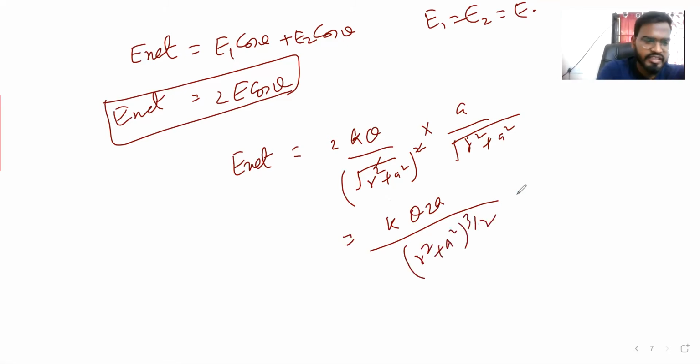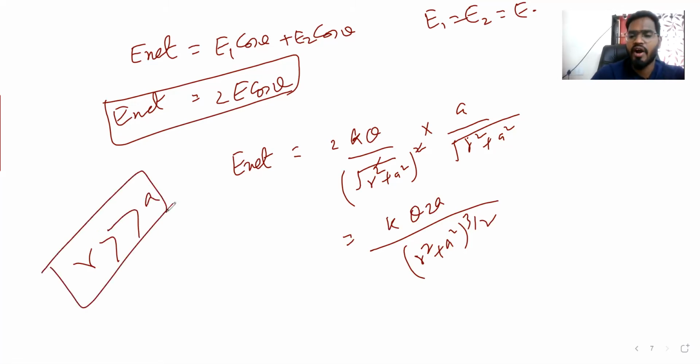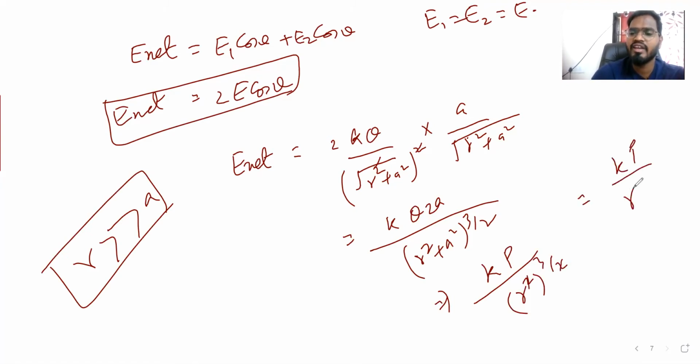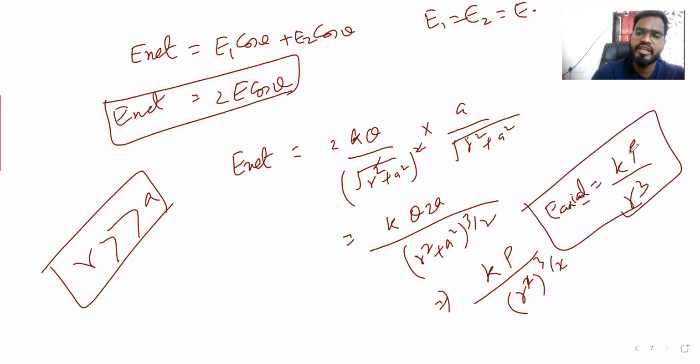Again, the assumption is that r is far greater than a, so a is going to be 0. Q into 2a is p, so kp by r to the power 2 plus 1, that is kp by r cube. So the electric field at an equatorial point is kp by r cube.